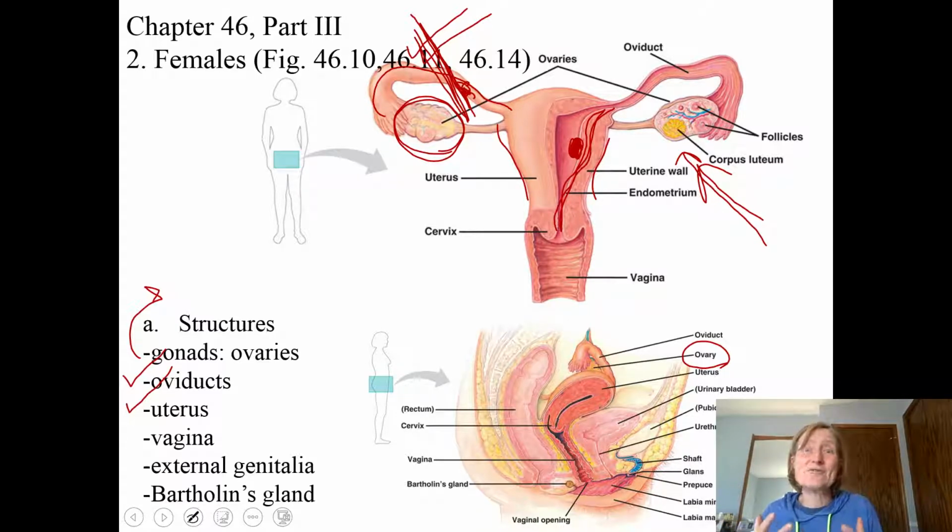It's a highly vascularized lining that provides nutrition for the young embryo to grow. It provides nutritive support for the embryo for quite a while, and the embryo grows there. If it's implanted over in the oviduct, the embryo is not going to survive.